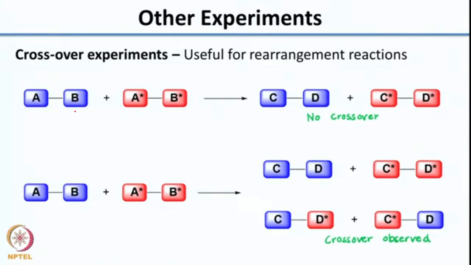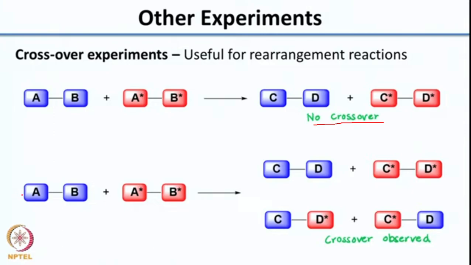When it gets converted to product, we have written here C, D and C star, D star for showing the corresponding product. So if we are getting the same product without crossover, it means this B is not interacting with the A star and this A is not interacting with B star, and that's why they are giving no crossover product, right?